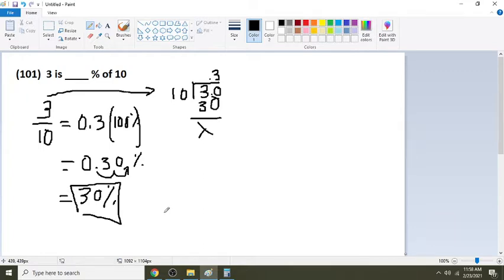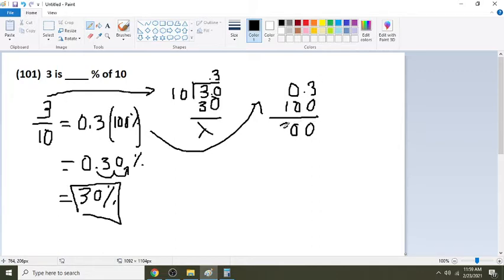Now let me show you how to multiply this part. If you're going to multiply it, it would look like this: 0.3 times 100. You're gonna get a 0 and a 0, and then you copy it like that.